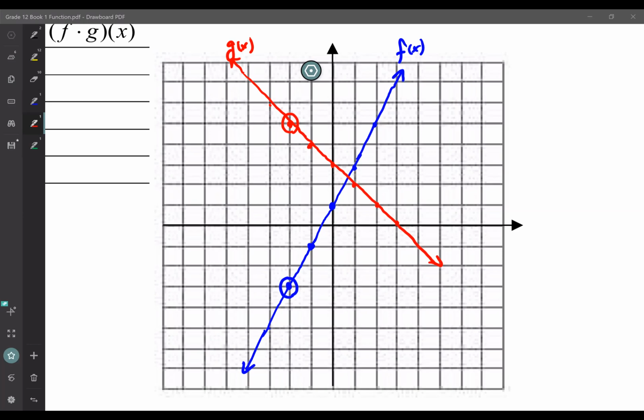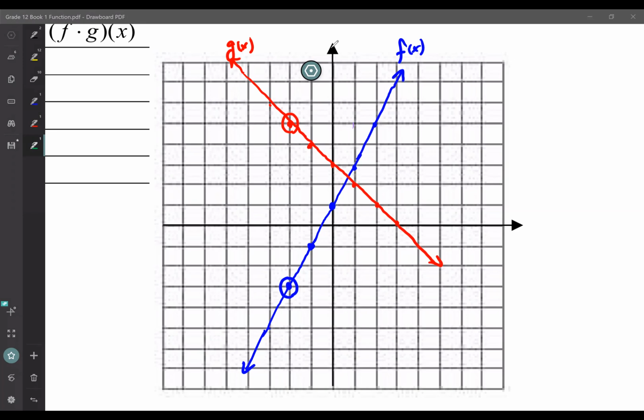How do I make my color thing bigger? Go to format, adjust, or drawing. You can choose this thicker one.